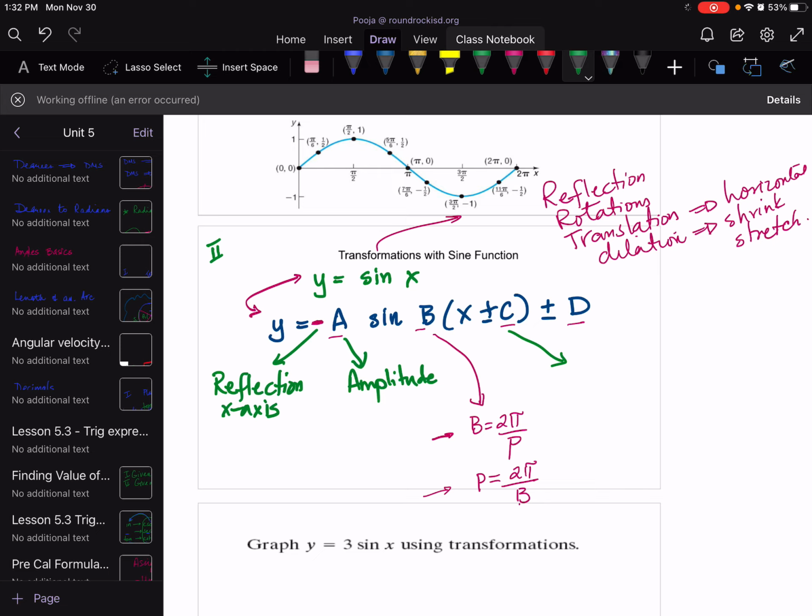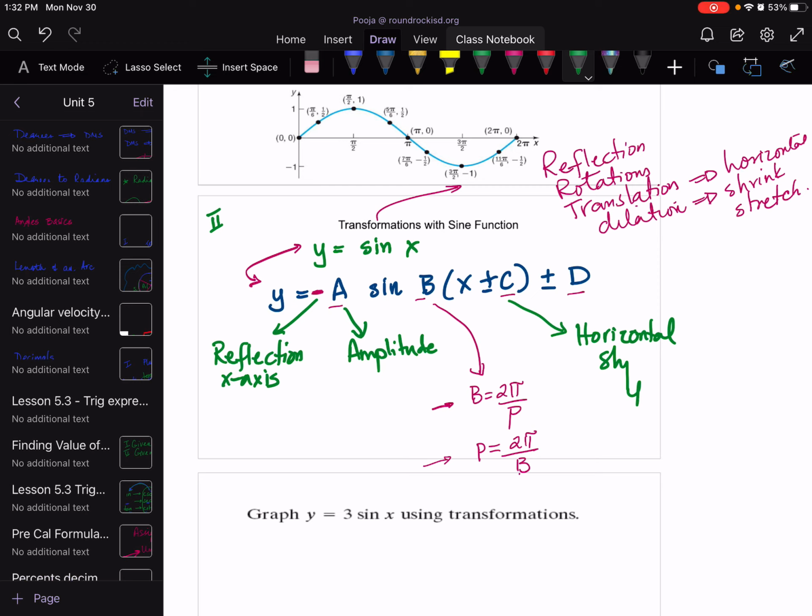C is referred to as the horizontal shift. It could be left or right. So left would be positive and right would be negative, and I'll show you with examples. And the last one, D, which is also usually the relatively easier one, is vertical shift.